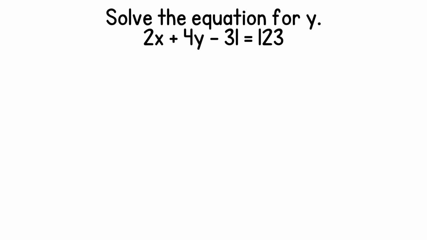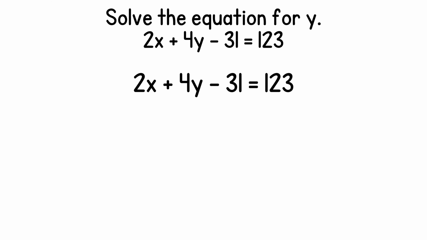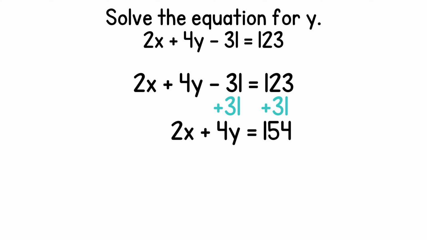Here's another example. This time we'll solve the equation for y, where 2x plus 4y minus 31 equals 123. So we'll start by taking our equation and isolating the variable y. We can start by adding 31 to both sides. This gives us 2x plus 4y is equal to 154.